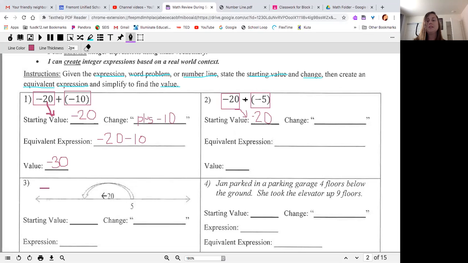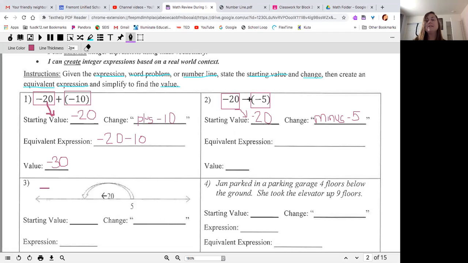And my change, what's that operation? I hope you said difference or minus. That's a minus sign. You are correct. That is minus sign. Minus -5. Cool. Now what would I do for an equivalent expression, right?